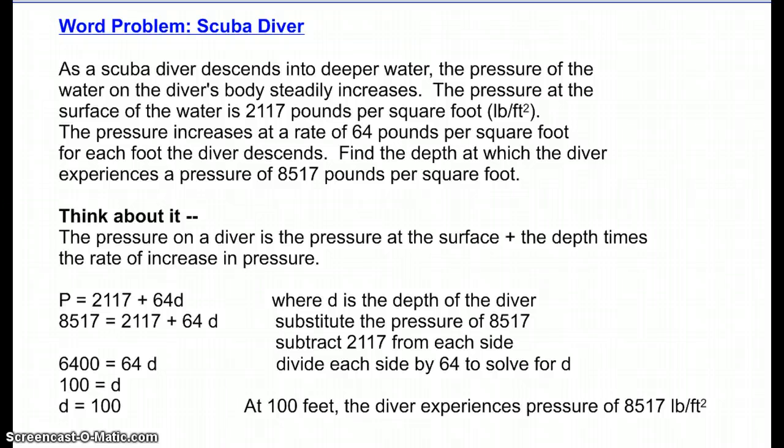We're going to subtract the 2,117 from both sides to get 6,400 equals 64D. And then we want to solve for D. So we're going to divide both sides by 64. We get 100 equals D, or D equals 100.